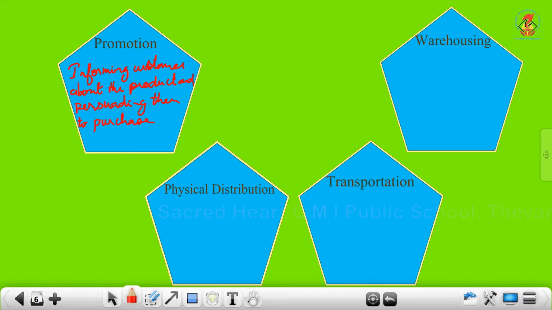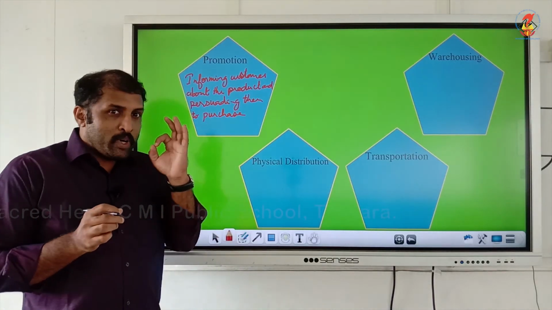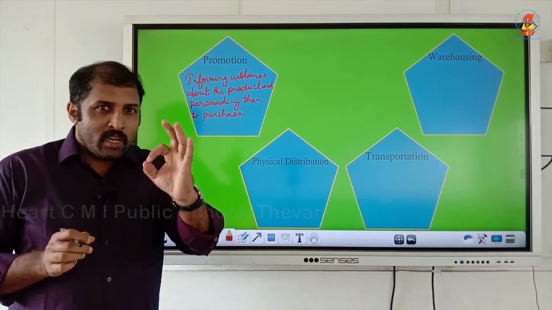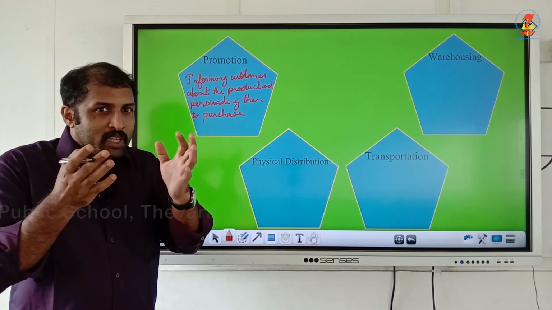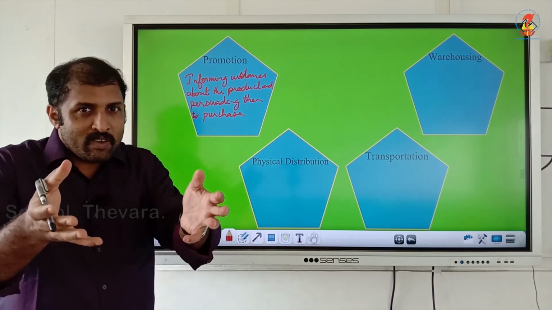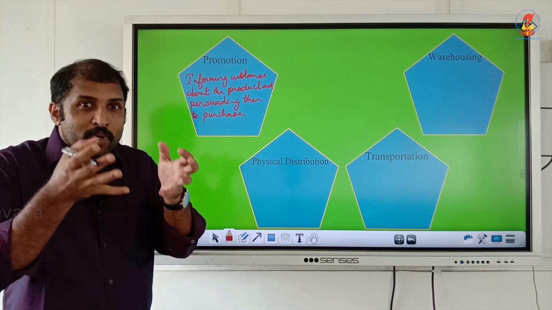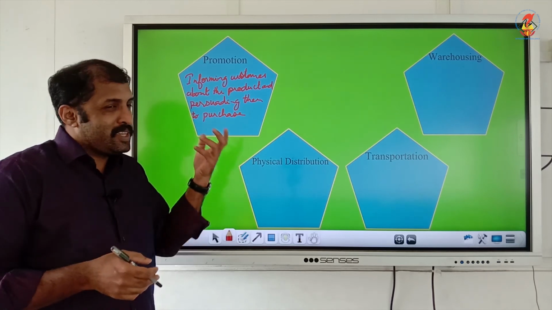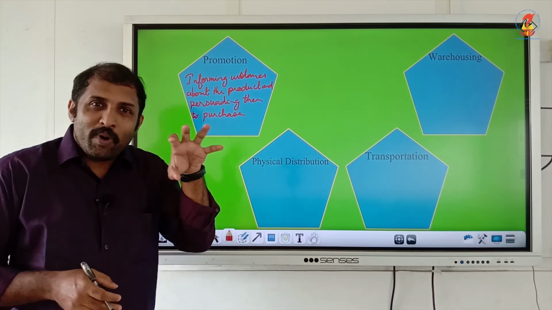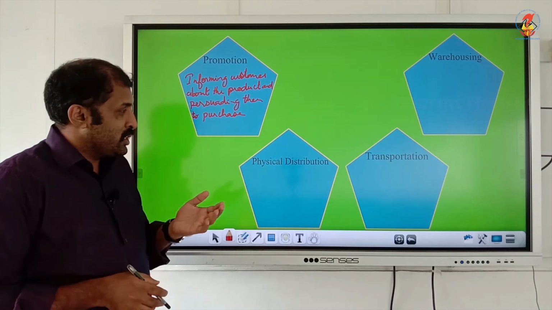So, promotion is a function where information regarding the product is given to the customer and they are persuaded by informing them: this particular product has these qualities or benefits, you must purchase, you are expected to purchase. Persuading them to purchase the product, that function is called promotion.